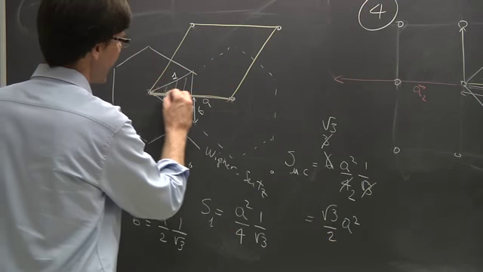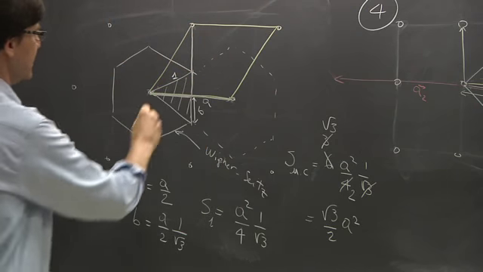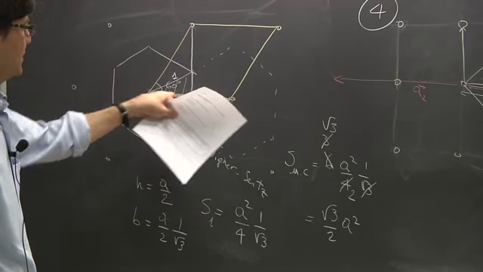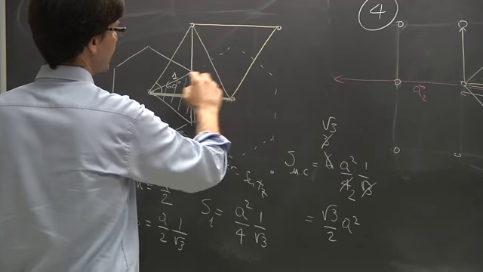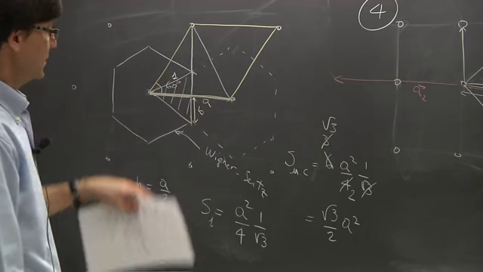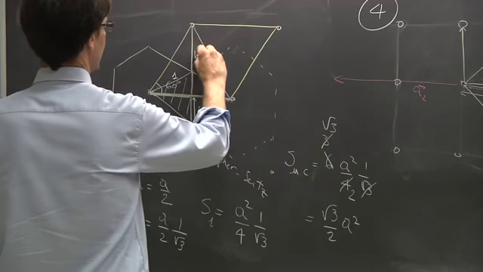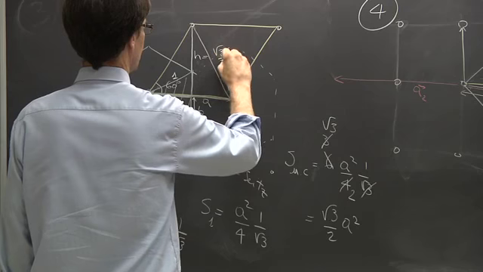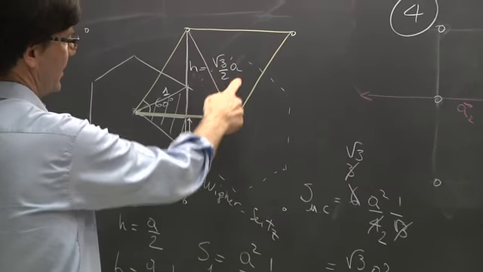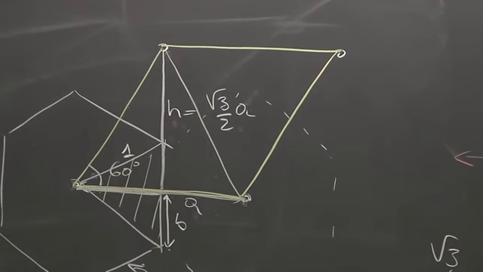Because this is A, and what is the height of this thing? This is 60 degrees, right? So these are two halves, two equilateral triangles of side A, right? So, if you wish, this H here is square root 3 over 2 A. So the area is H times A. So it's square root 3 over 2 times A squared.